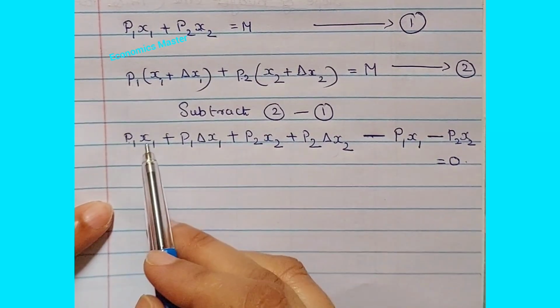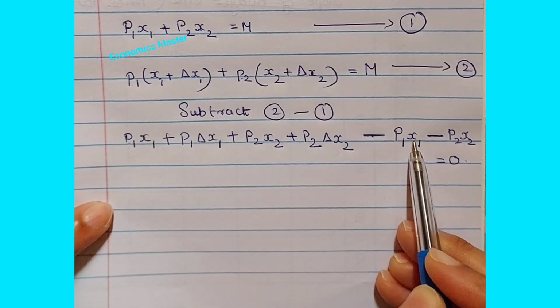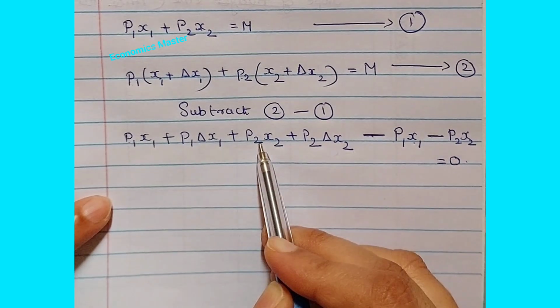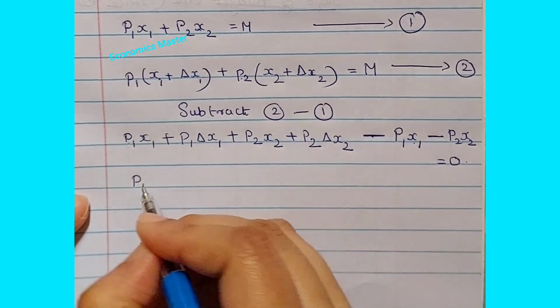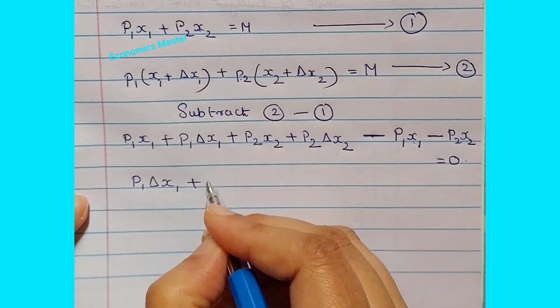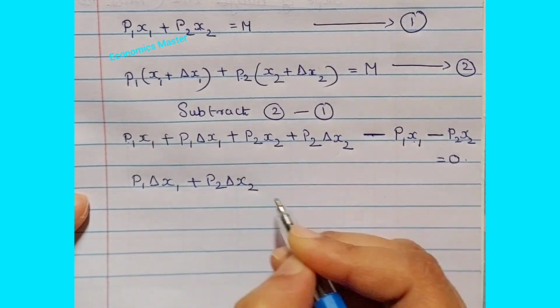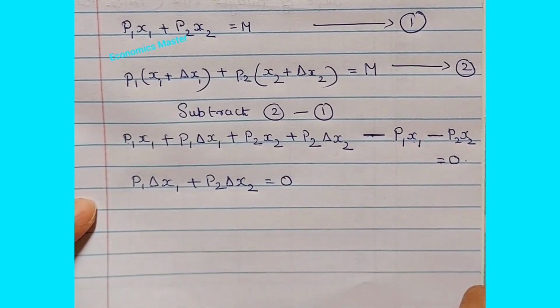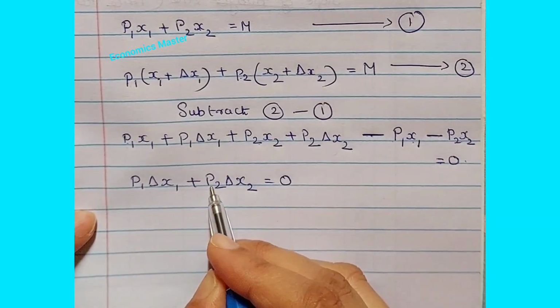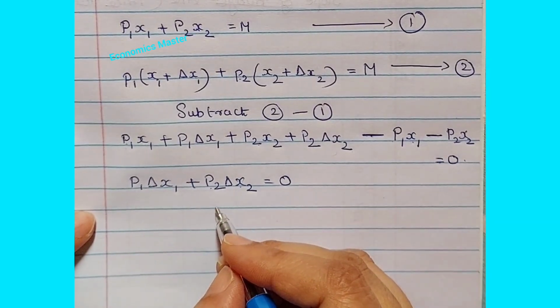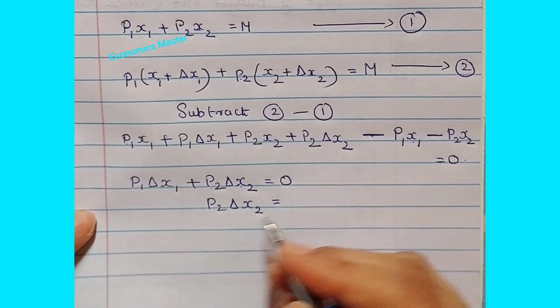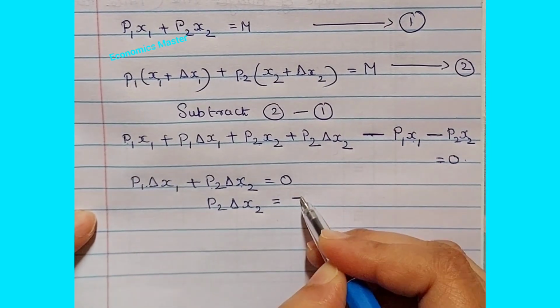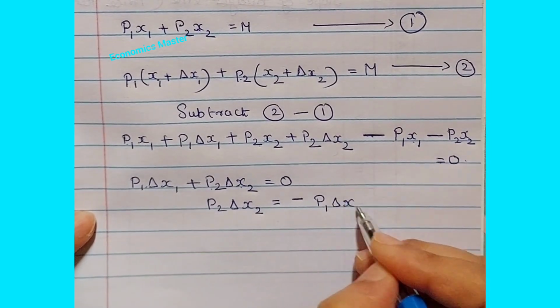Cancel P1 x1 minus P1 x1, then P2 x2 minus P2 x2. Then we will get P1 delta x1 plus P2 delta x2 is equal to 0. P2 delta x2 is equal to minus P1 delta x1.